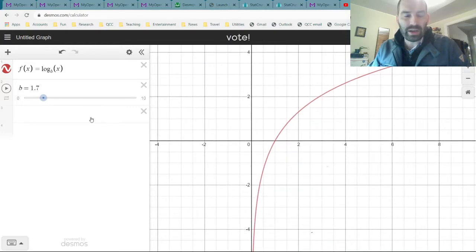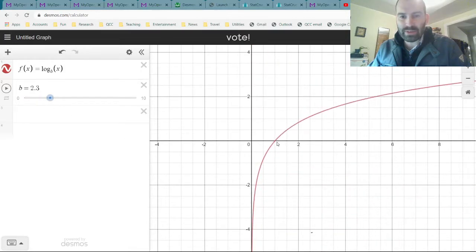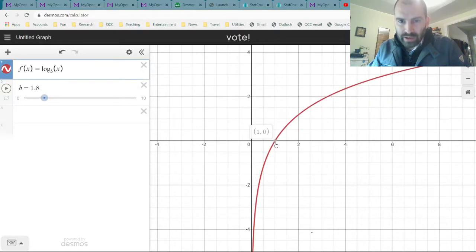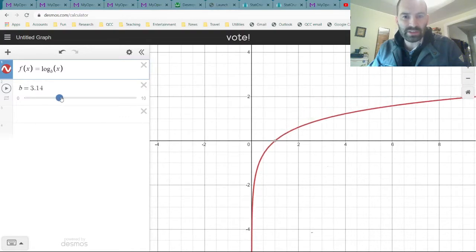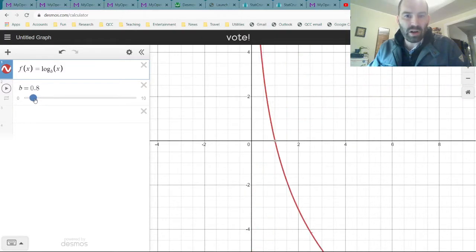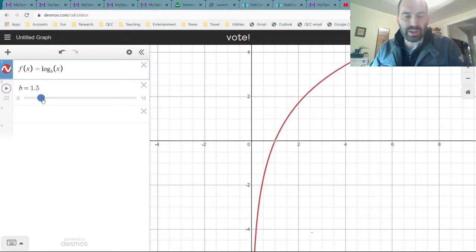What else is going on with this graph? Well, all these graphs, no matter what b is, they all have an x-intercept right here at 1, right? The point 1, 0 right there is the x-intercept, and that's true for all of these. Why is that? Well, that's saying that log base b of 1 is always equal to 0.